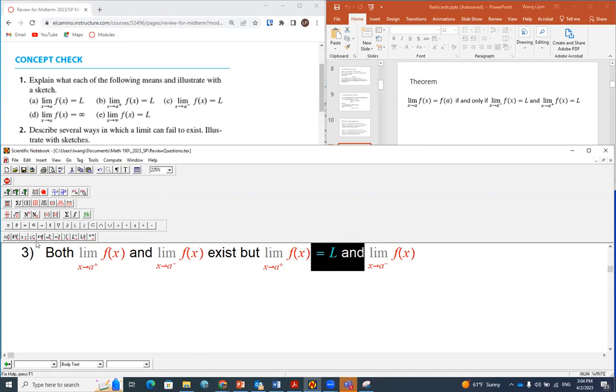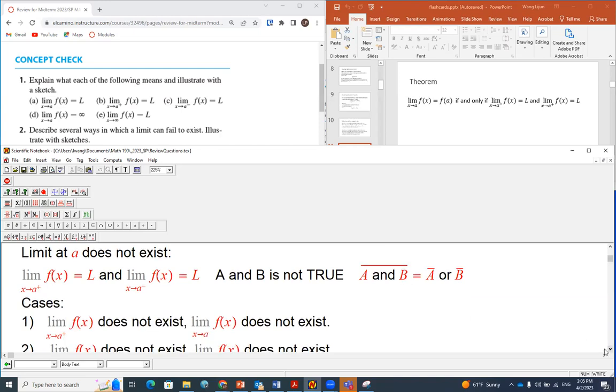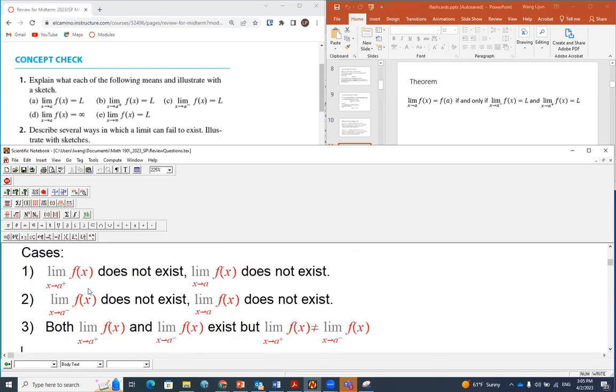And so that's one case. Are there other cases? I would say these are 3 major cases. And in terms of that, the limit does not exist.